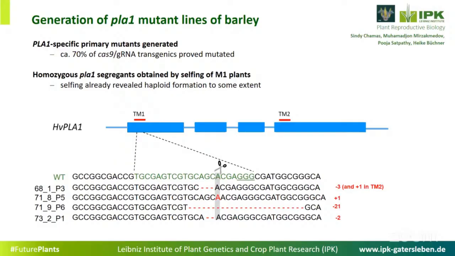And below you see, again, the same principle. The upper line is a wild type, and below there are different mutations we obtained. As you can see, smaller deletions, insertions of one nucleotide, larger deletions, quite a panel of different things we got.